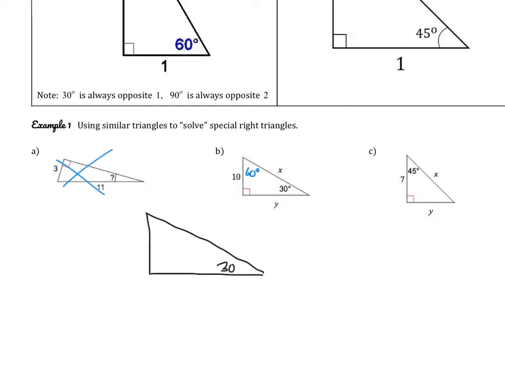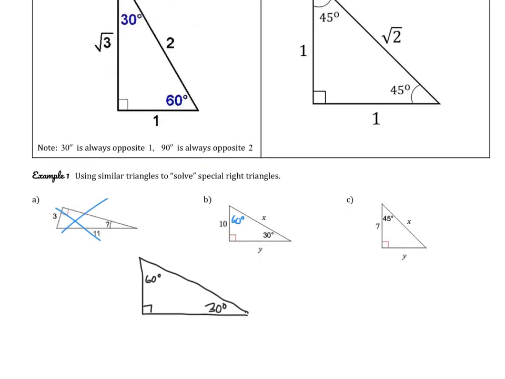I like to try to make it look as similar as possible to the original one, so the same orientation. Except for this triangle, we're going to mark it up with the values from above. So remember, we start with 30 and we go across. This length is 1, our hypotenuse is 2, and the last leg is root 3.